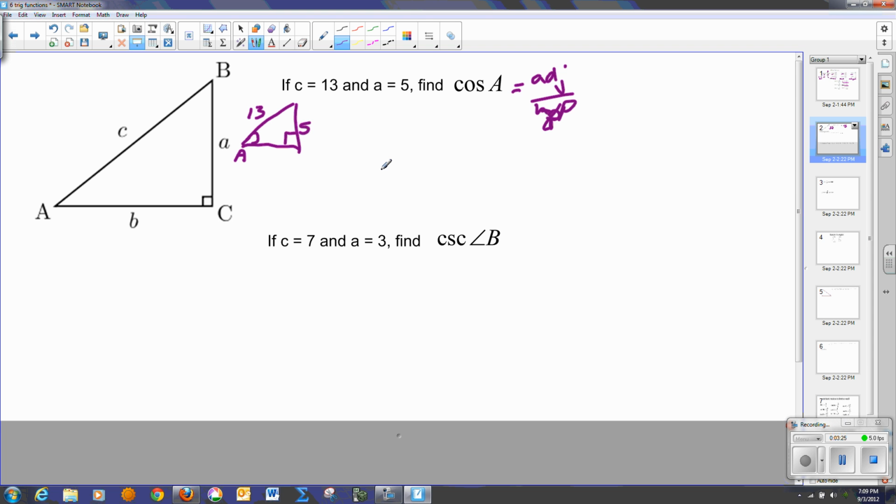Now in this case, we don't have the adjacent, we have the opposite relative to the angle. So I need to find that adjacent side. I'm going to need to find side B.